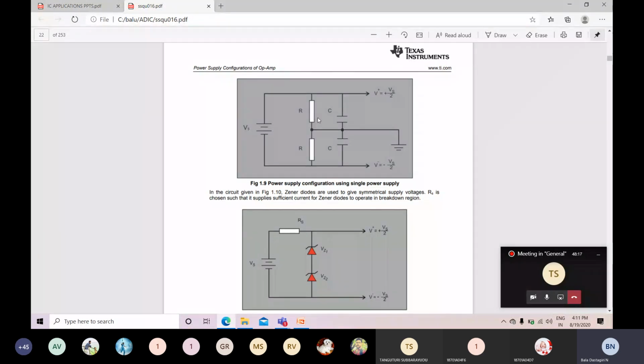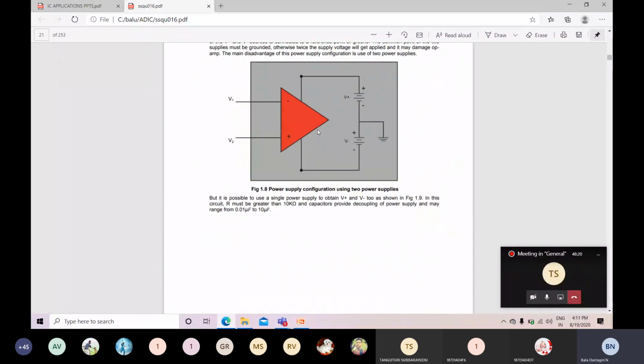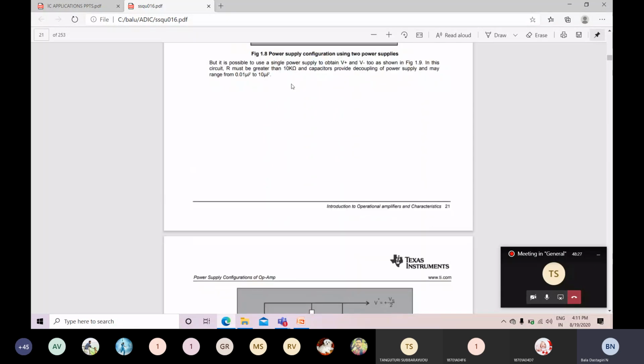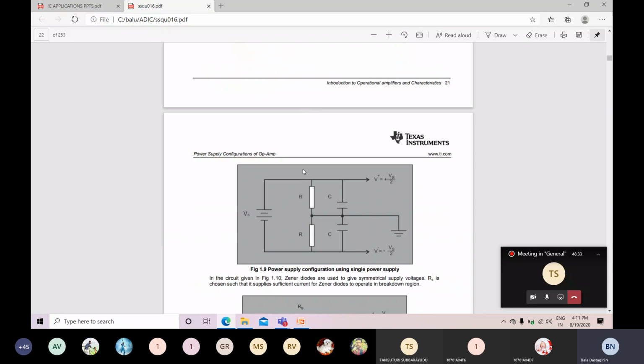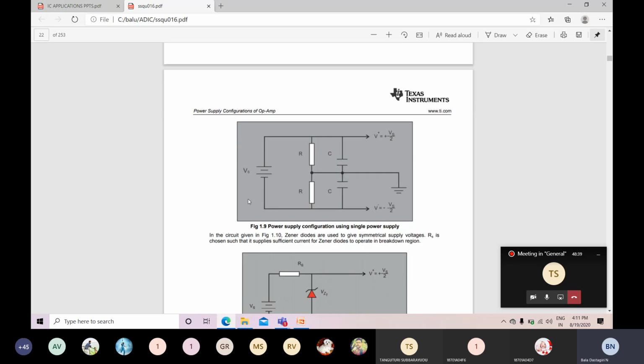We are using the RC configuration here. The resistor must be greater than 10 kilo ohm, and the capacitance provides the decoupling of the power supply, and this ranges from 0.1 to 10 microfarad. This is one of the methods to supply the power supply to the op amps.